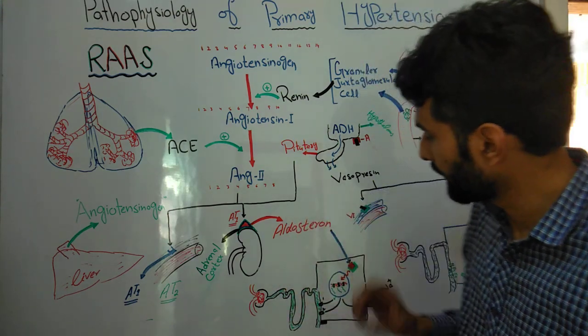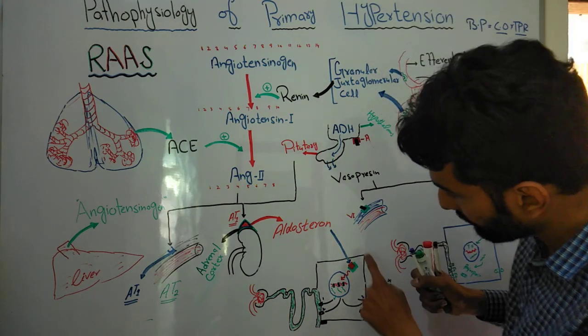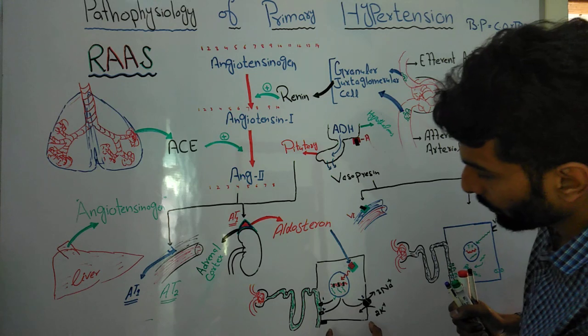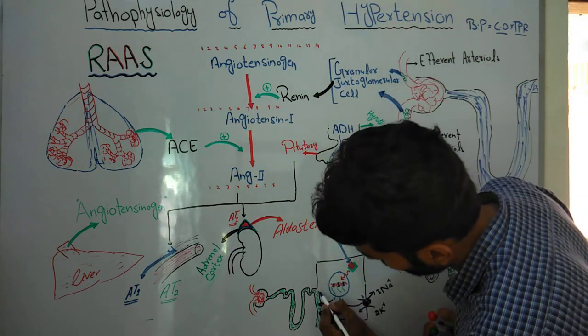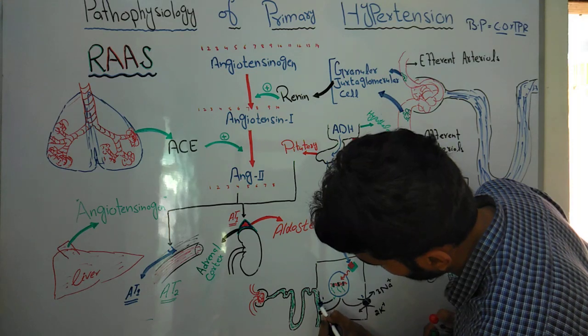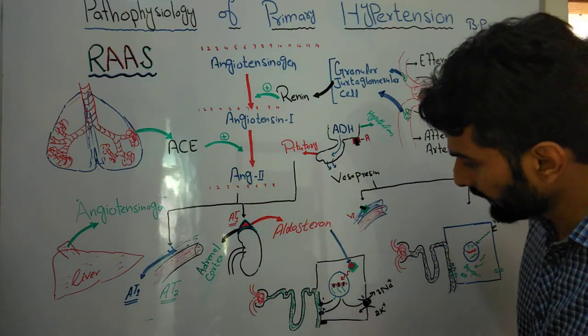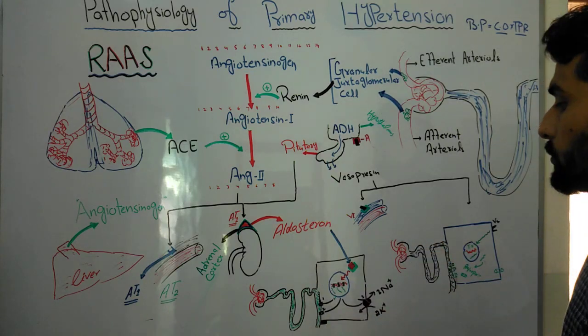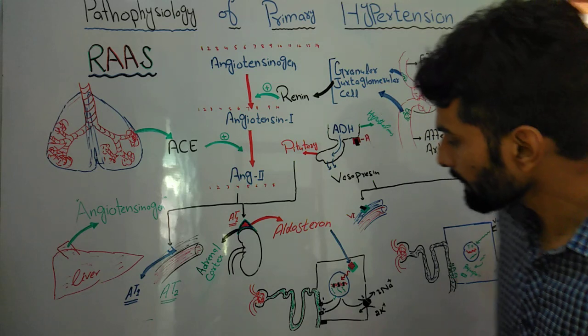When it goes there, it will have an intracellular receptor. Now here I have zoomed in on one cell. Obviously this nephron collecting duct is made up of lots of cells that are very tightly joined with each other. I am just zooming in on one cell so that the exact mechanism can be explained.